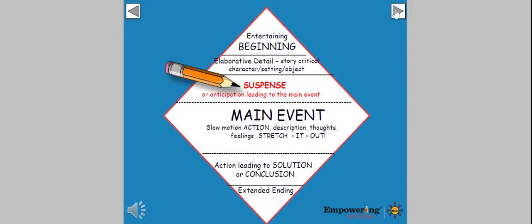Let's look at where suspense comes in terms of the narrative writing diamond. An author will write an entertaining beginning to hook the reader in, then add a little bit of elaborative detail to describe something important to the story, then a hint of suspense, which really leads to the main event, the most important part of the story, right?